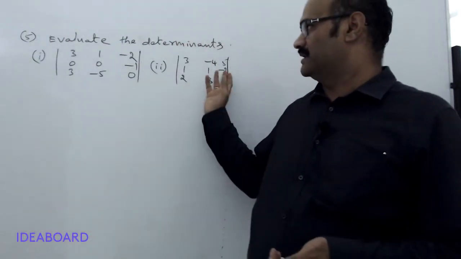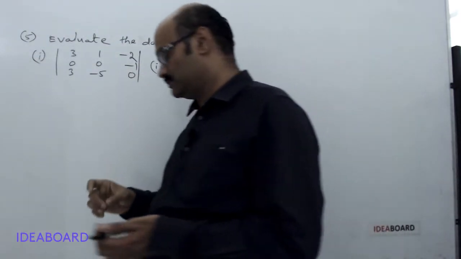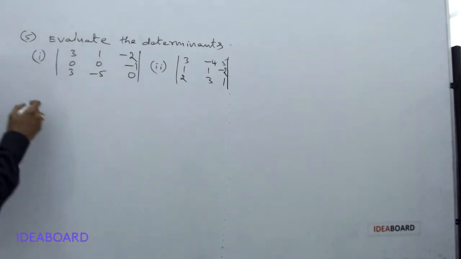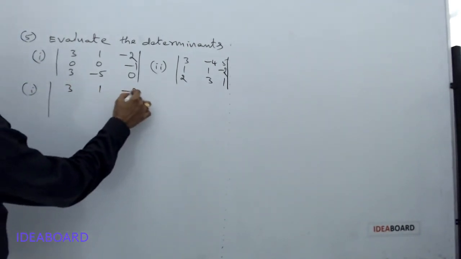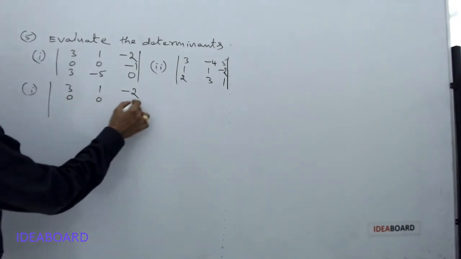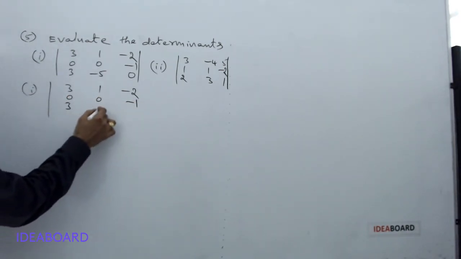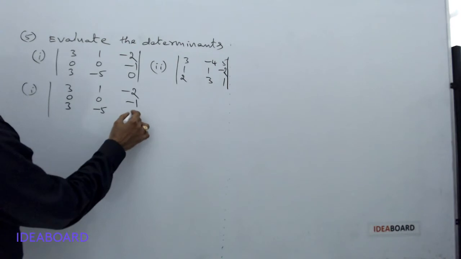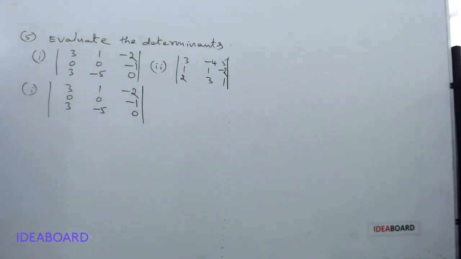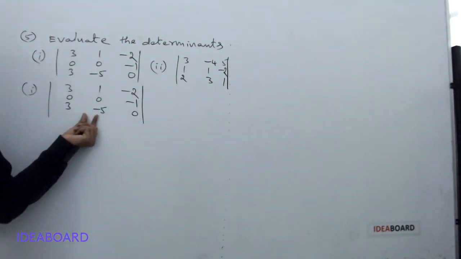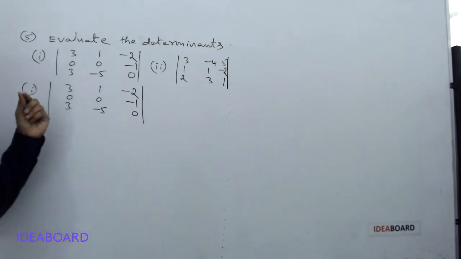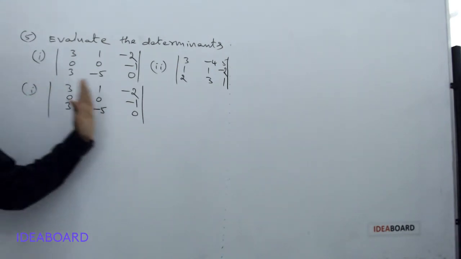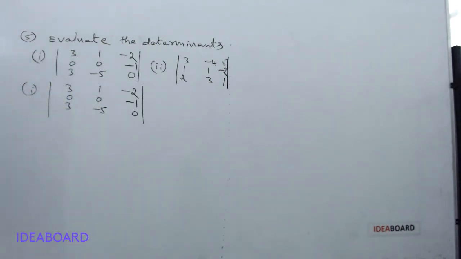Evaluate the following determinants. 1. Determinant of 3, 1, minus 2, 0, 0, minus 1, 3, minus 5, 0. While finding the determinant of a 3 by 3 matrix, we can find along any 3 rows or along any 3 columns.